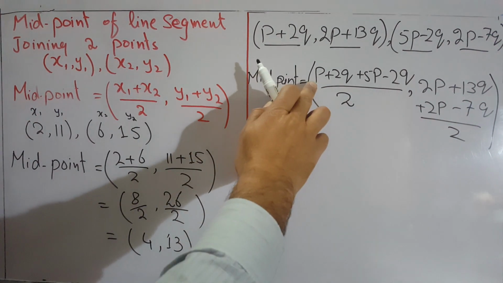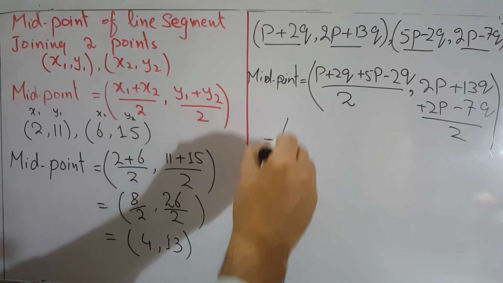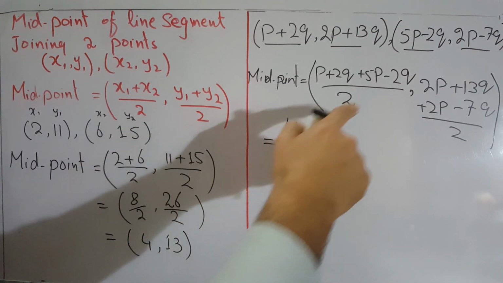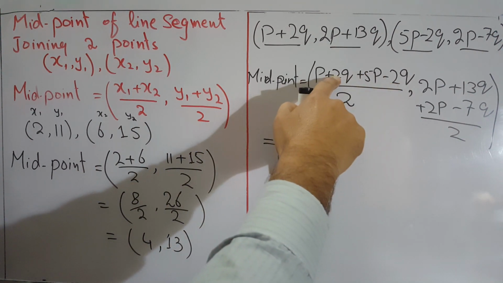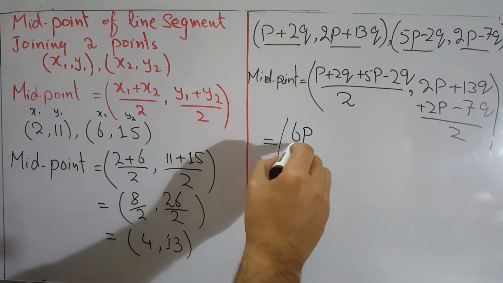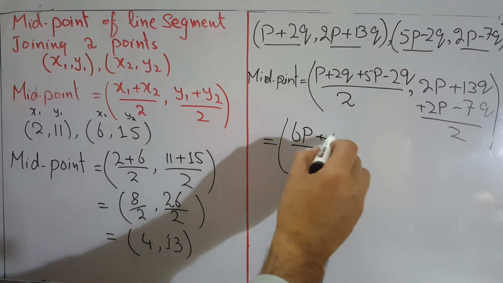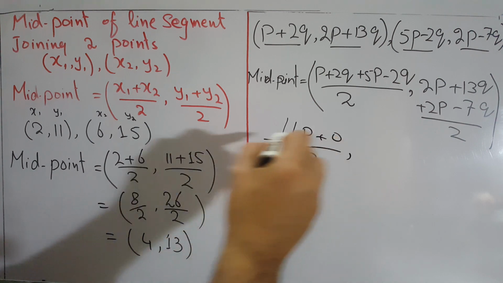So we can see we have P and 5P. This becomes 6P, and then you have minus 2Q and plus 2Q, so they cancel out each other. You have 0 here, divided by 2.